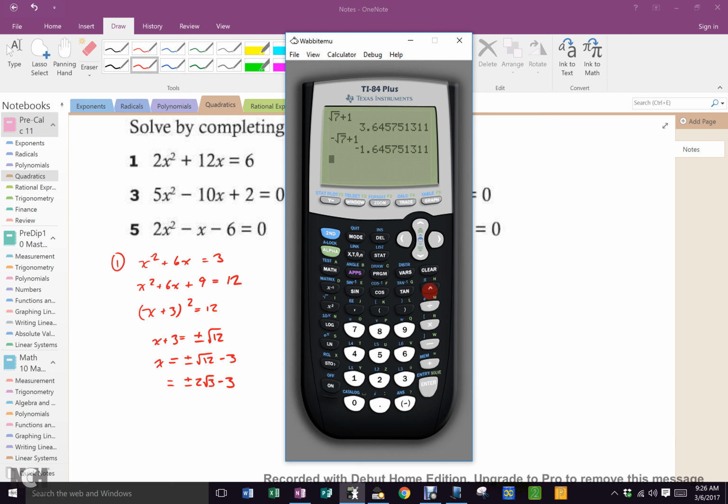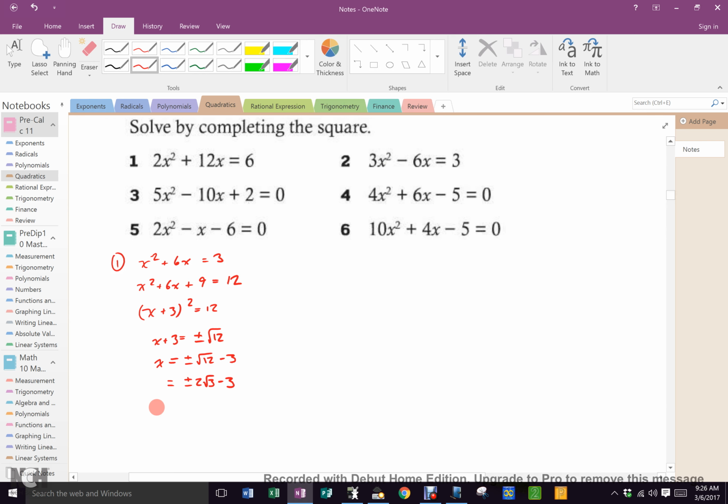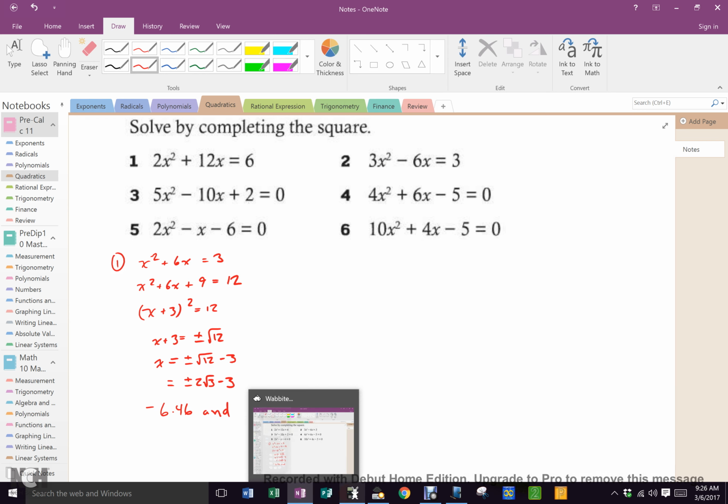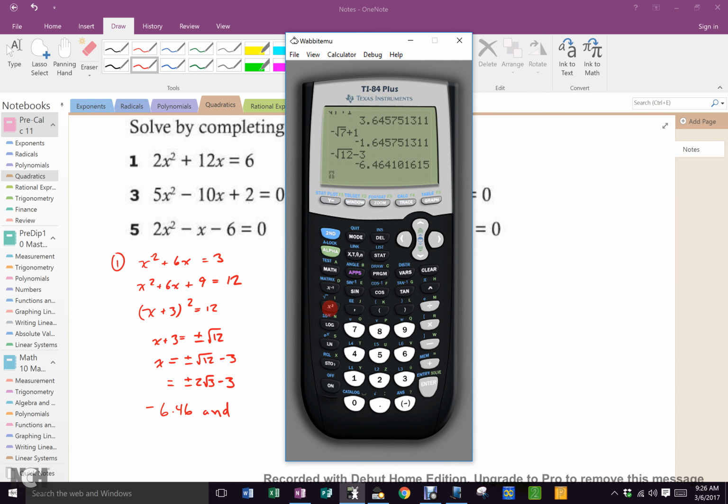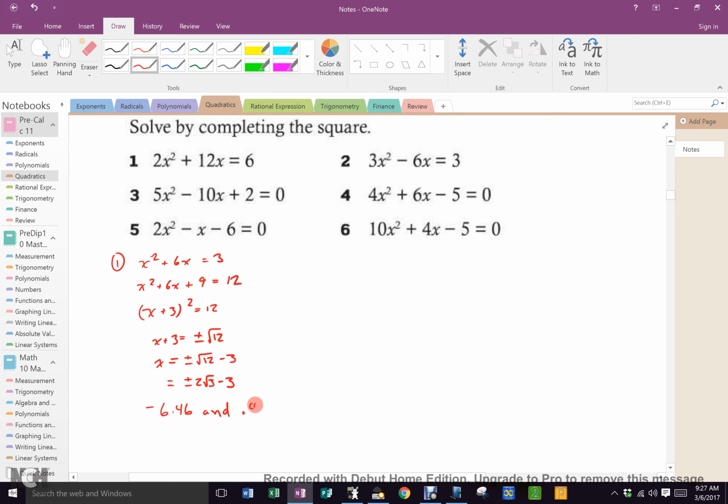I could do minus root 12 minus 3, and I would get negative 6.46. So negative 6.46, and go back to my calculator, root 12 minus 3, and I would get 0.464. That is the approximate roots.